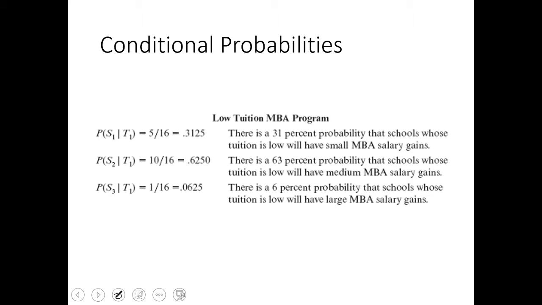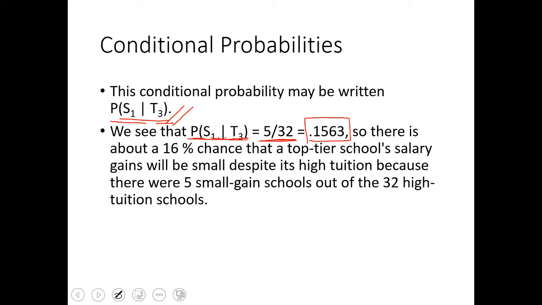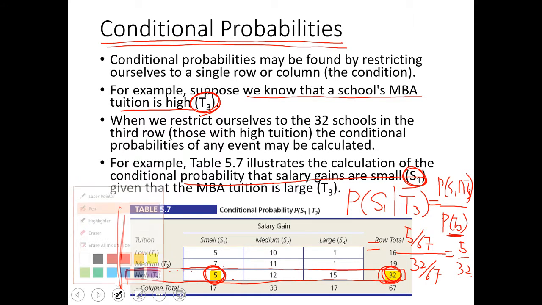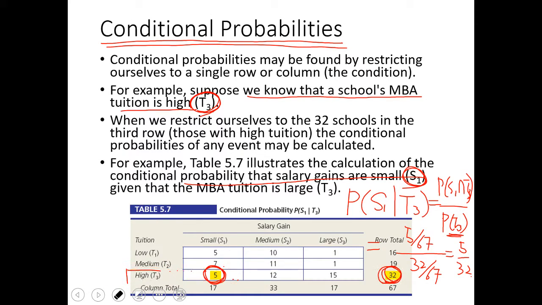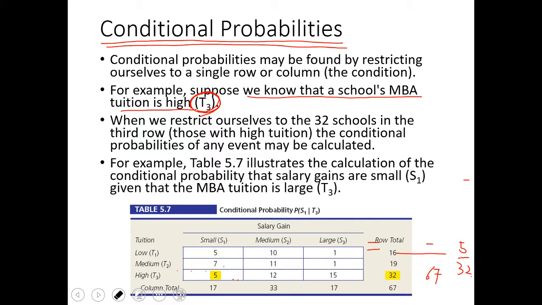Here is another case. The probability of S1 given T1 is, let's go to the table, here.